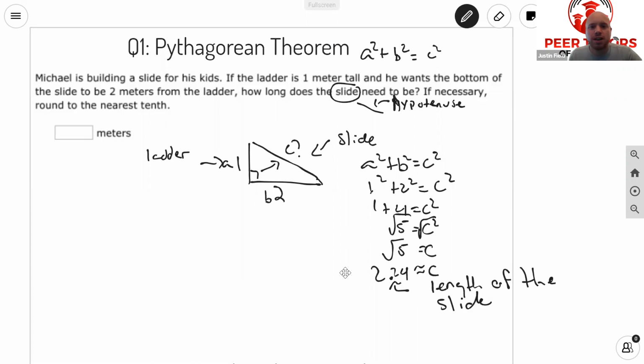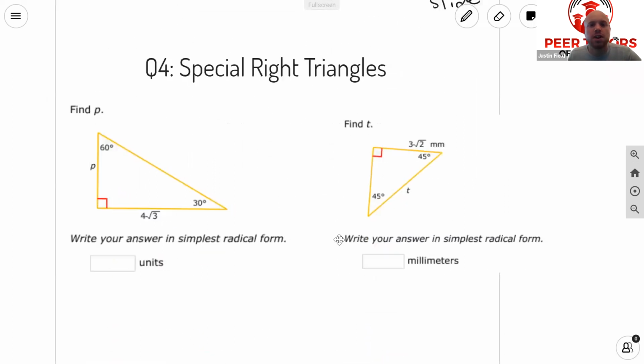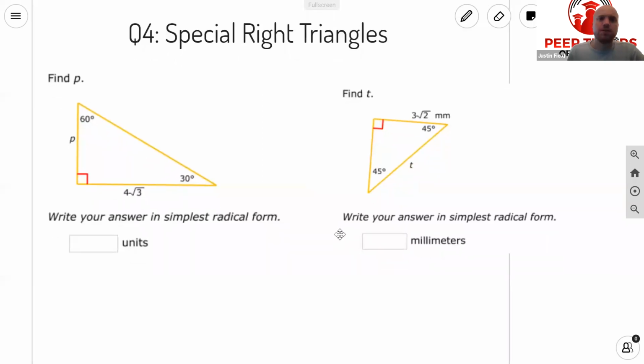All right, moving on. That should make you feel comfortable, and now I make you feel uncomfortable with these special right triangles. The reason is because now we only have 1 side length.